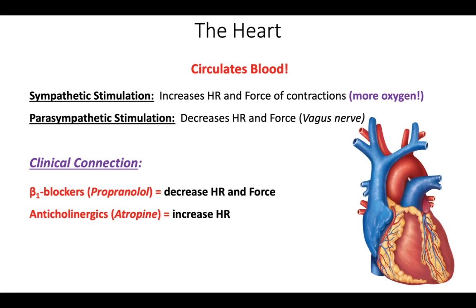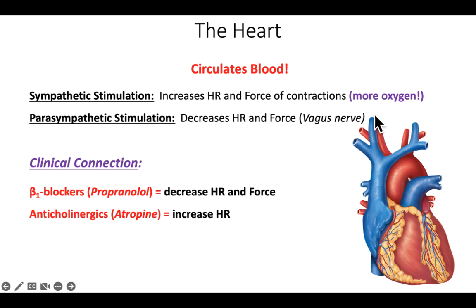At rest, all right, sympathetic activity goes away, parasympathetic activity goes up, and it slows your heart down. And that's due to the vagus nerve. Your vagus nerve slows your heart rate. All right, it releases acetylcholine that stimulates the receptors on your heart and it slows it down. I'm sorry, the acetylcholine receptors.